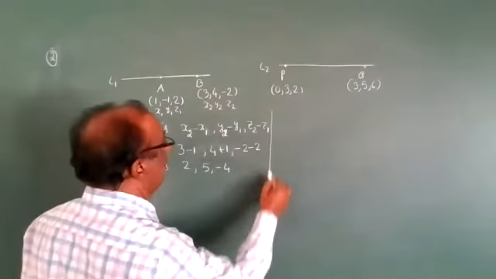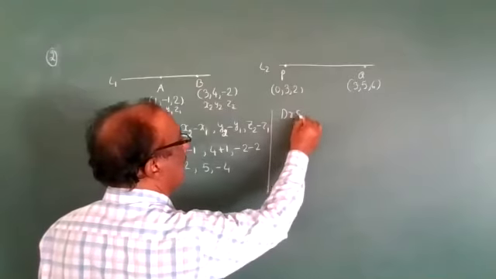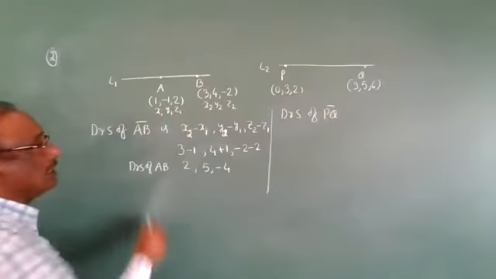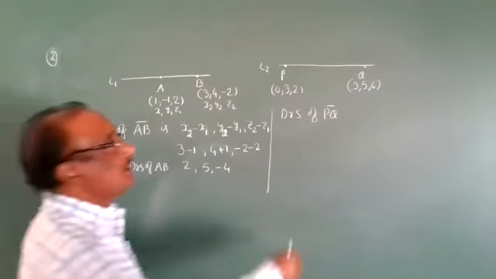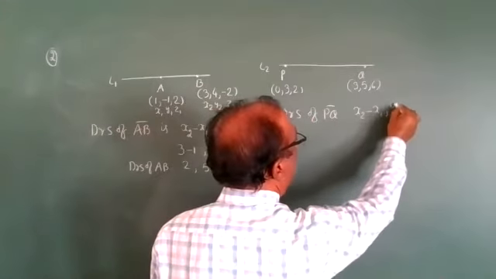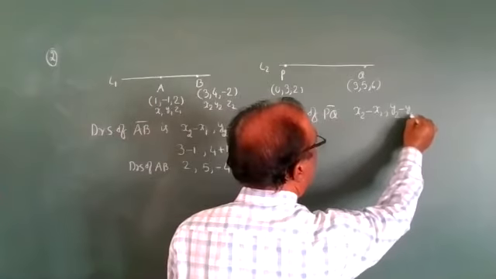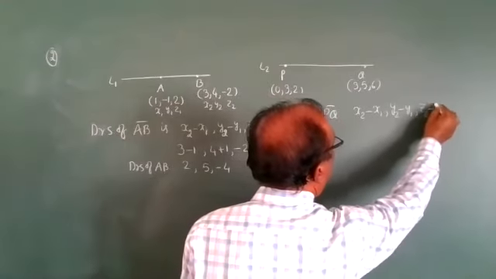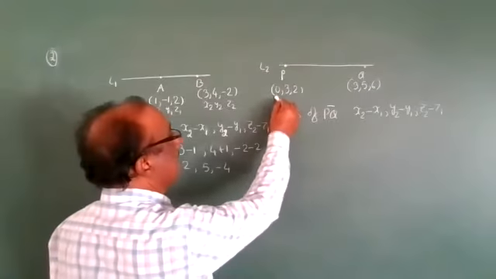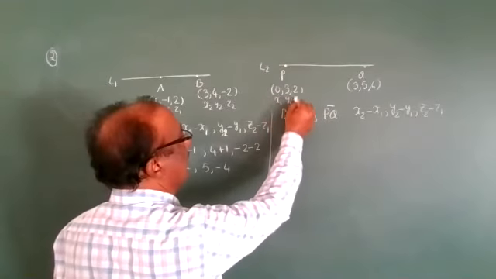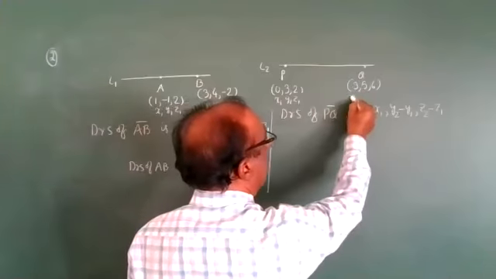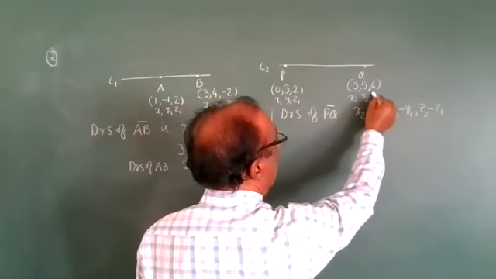Now write down the DRs of the PQ line. Same formula: X2 minus X1, Y2 minus Y1, Z2 minus Z1. In this one, the P point is X1, Y1, Z1 and the Q point is X2, Y2, Z2.